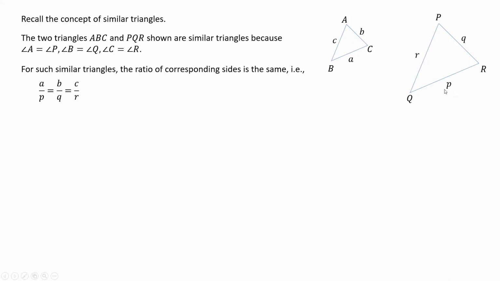So a over p, we can form a ratio, and that is going to be exactly the same as the ratio of the other corresponding sides. For example, b is one side on triangle ABC, and the corresponding side on triangle PQR is lowercase q. So b over q is the other ratio, and a over p must be b over q. And the last thing that we are left with is c over r, and that's got to be equal to c over r as well.